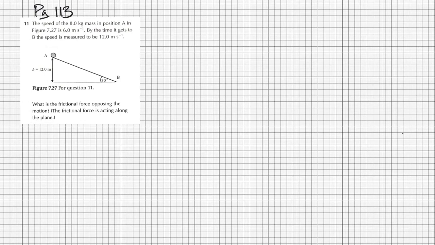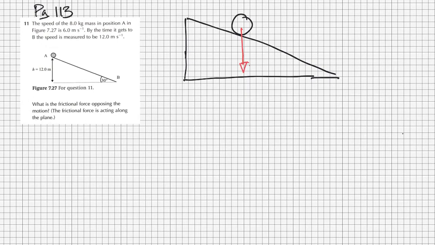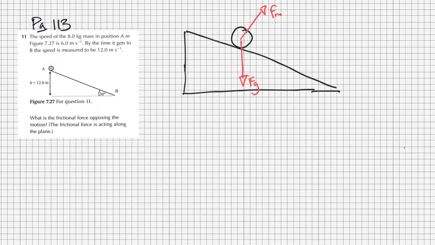I'm going to redraw our ramp here. And if this is my mass, the forces are going to be my force of gravity, straight down, my normal force, up at an angle. Sorry if you couldn't see that. It's moving down the ramp, right? So this is the direction of the motion.